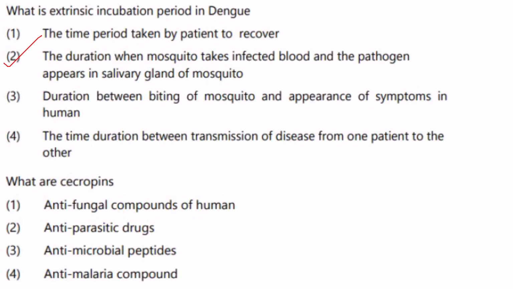Then what are cecropins? They are antimicrobial peptides. They were first isolated from the hemolymph of Hyalophora cecropia. They are a part of the innate immune system of the insect.